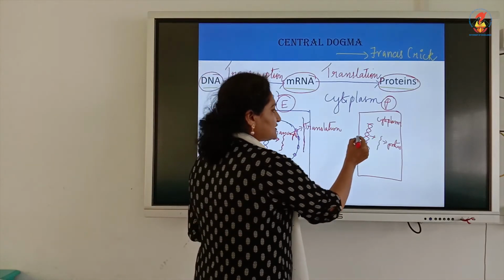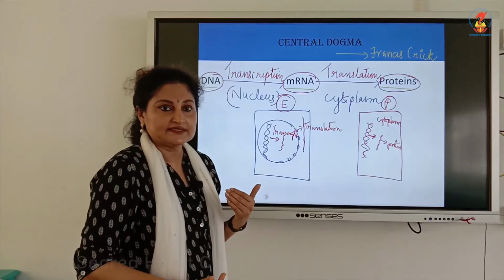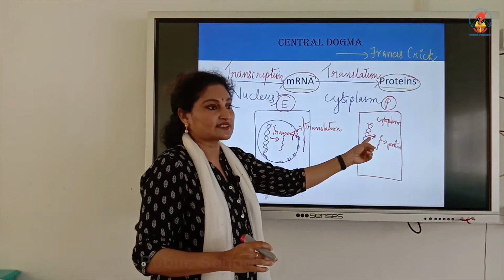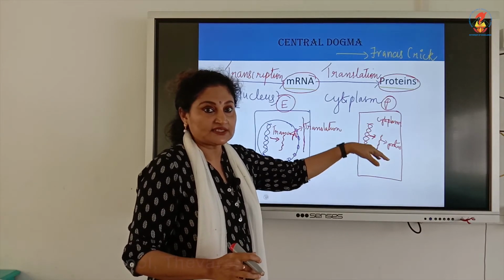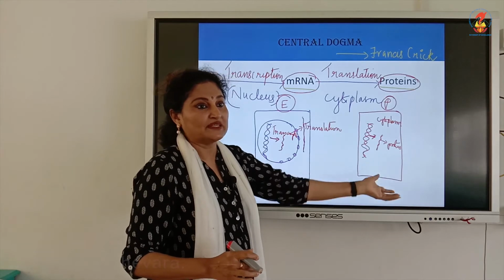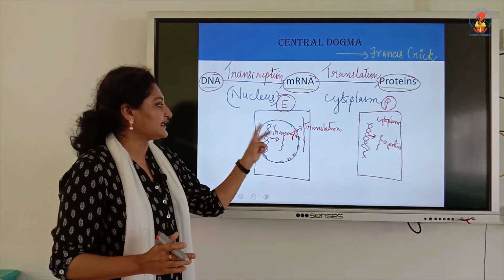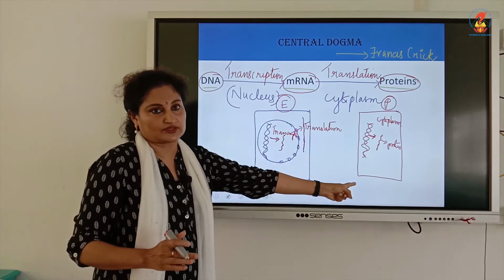The meaning of this is, this mRNA is formed by transcription. Even before the transcription gets completed, translation can get started. So we can say transcription and translation are coupled. Even before completion, translation can be started. So I have highlighted two differences between eukaryotes and prokaryotes.